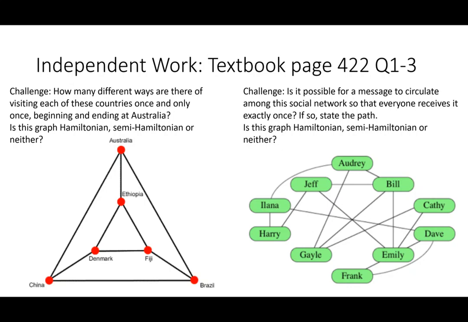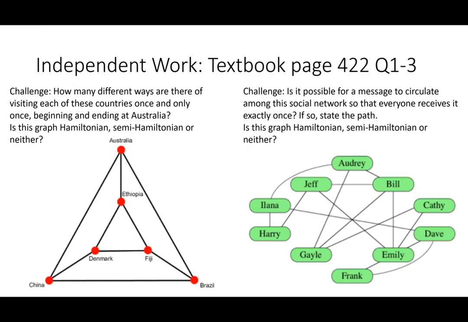Australia, Ethiopia, Fiji, Brazil, China, Australia. That's 3. Australia, China, Denmark, Fiji. Australia, China, Brazil, Fiji. So is that 4? Australia, China, Denmark, Erie, Fiji, Brazil. So is that 4 that we found total? 5?